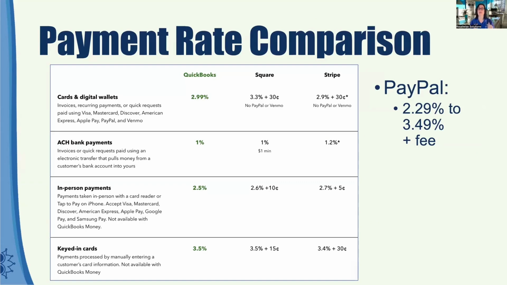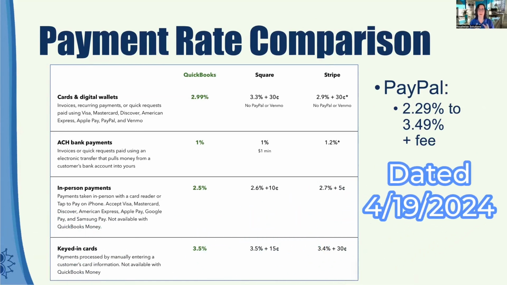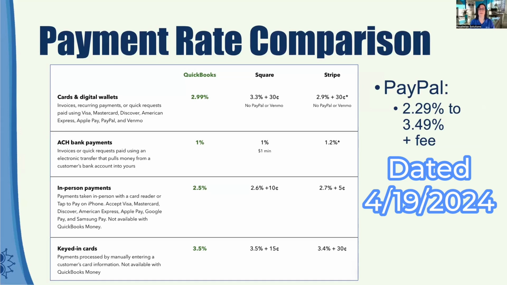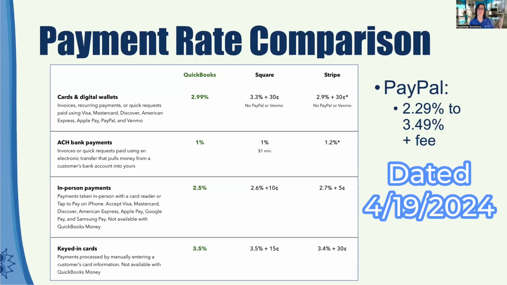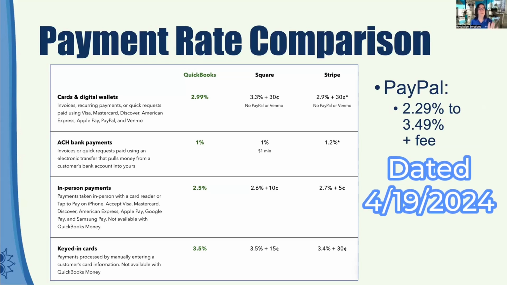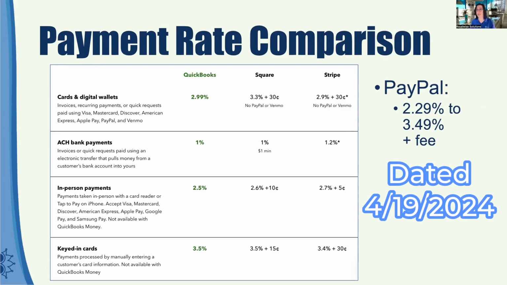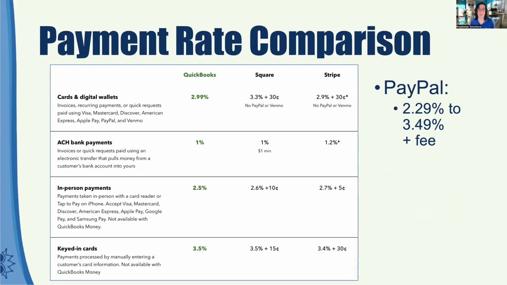This chart is literally copied off the Intuit website like 2 days ago, so this is the most current rates. If you are watching this 2 years from now, these may not be the rates, and you should go check and see because they do change. The comparison that they gave was QuickBooks, Square, and Stripe.